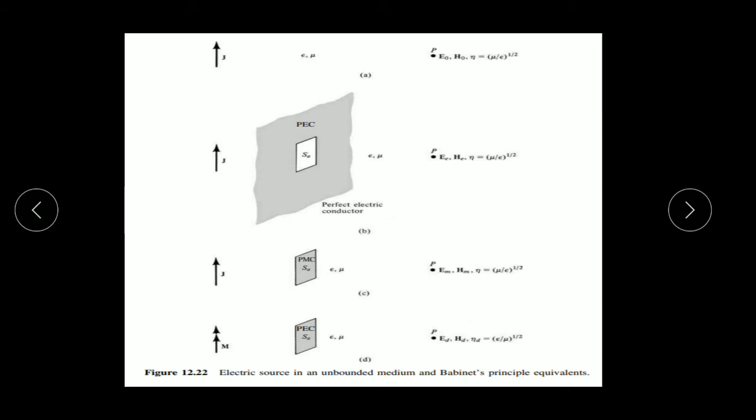Suppose this is the field with no screen. This is an infinite conductor, and the aperture is represented as a screen. The meaning of this statement is that this is a complete screen, a perfect electrical conductor, and we cut some portion.